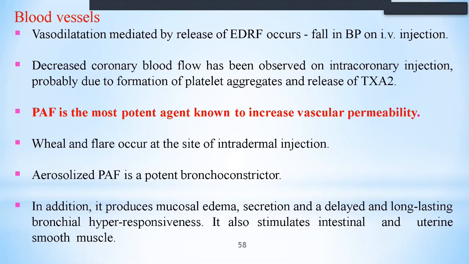PAF, when aerosolized, is a potent bronchoconstrictor, so it is not indicated, especially in asthma patients. In addition, it produces mucosal edema, secretion, and delayed and long-lasting bronchial hyperresponsiveness. Apart from the bronchi, the intestinal smooth muscles have receptors for PAF, and it stimulates intestinal and also uterine smooth muscle, so that contraction or constriction occurs.